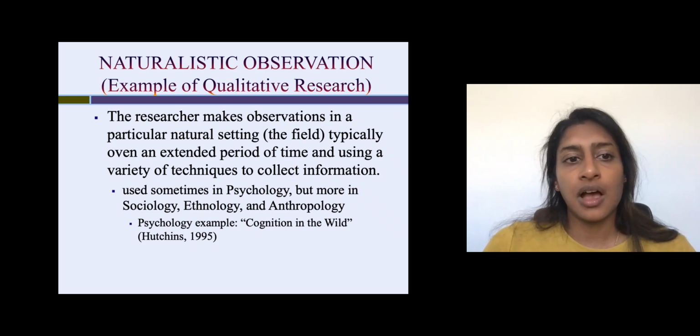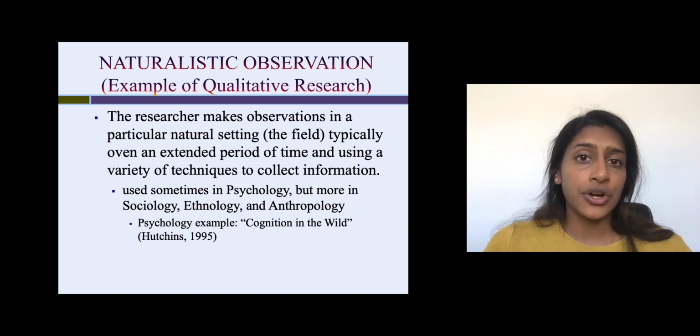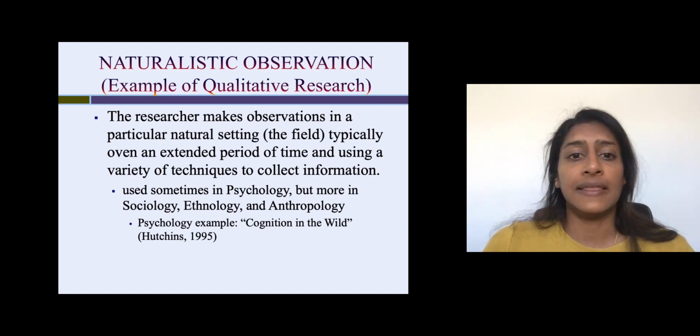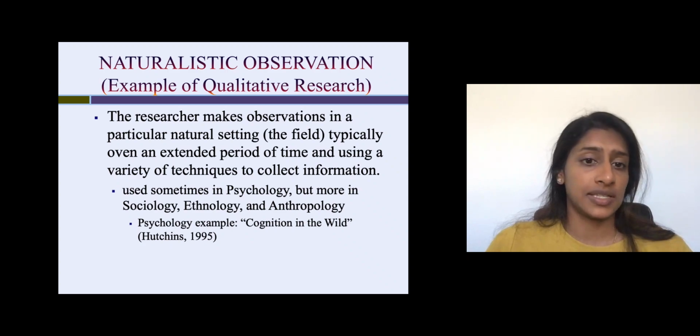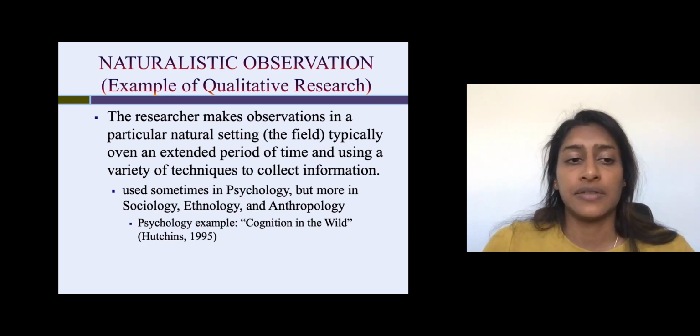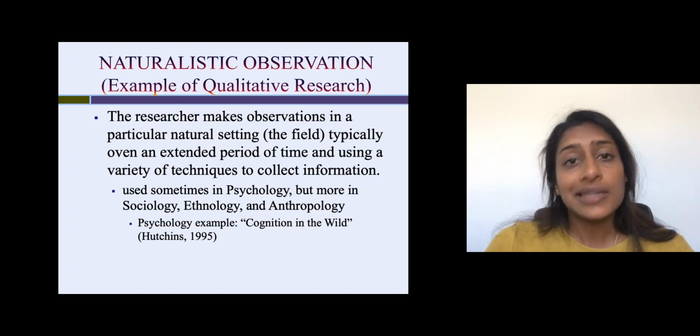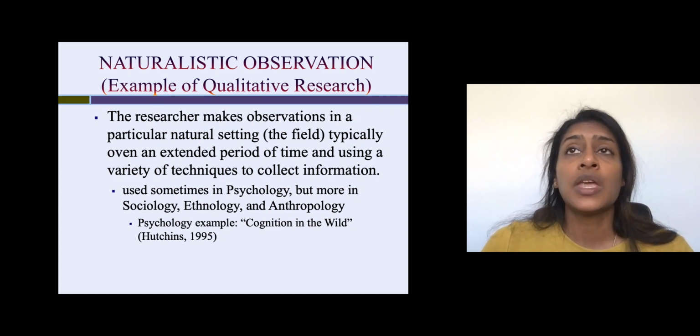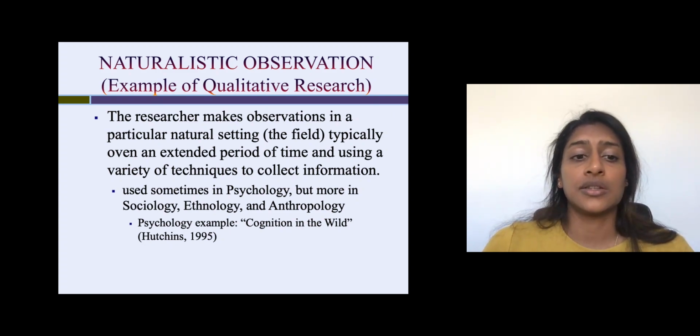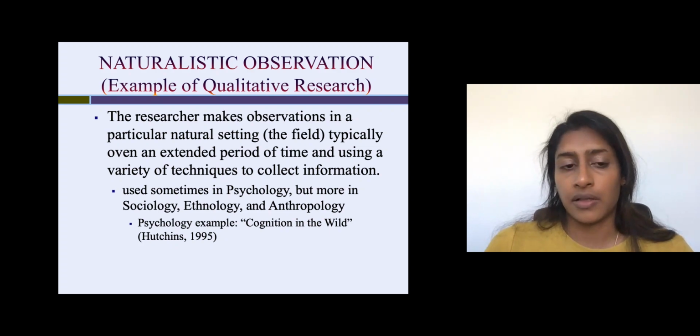In a naturalistic observation, the researcher is going to make observations typically in the field. And they're going to do so by watching something over an extended period of time. Now, naturalistic observation is sometimes used in psychology, but it's more often used in sociology or anthropology.